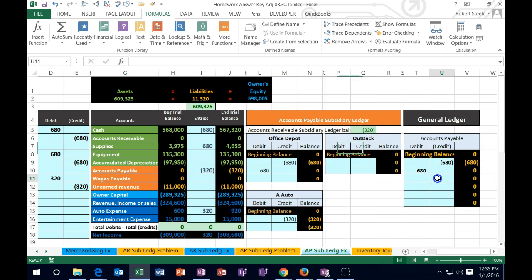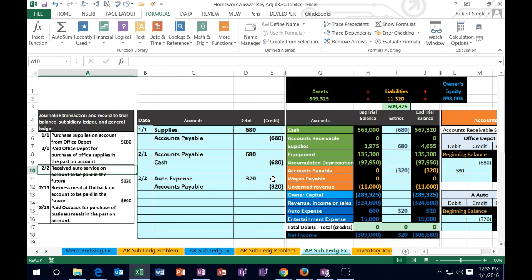So we're going to post that same information over here in the credit side, equals in U11, equals the 320, bringing the balance back from 0 up to 320. So now the general ledger adds the 320, the subsidiary ledger adds the 320, the accounts payable trial balance adds to 320. And we can look at the next transaction, which is on 215.